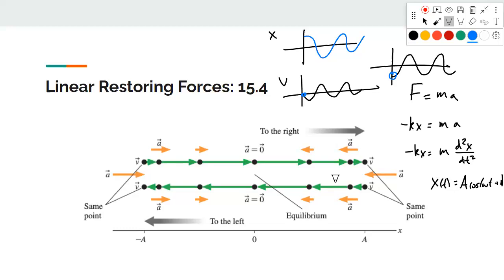Okay, and so what you should remember from this image is just that the acceleration for a mass spring system is biggest when the position is at an amplitude or a minus amplitude. So when it's at one of these turnaround points, either the farthest it gets to the right or the farthest it gets to the left, it has a 0 velocity momentarily, but its acceleration will be maximum.